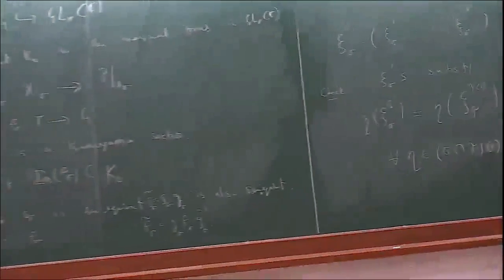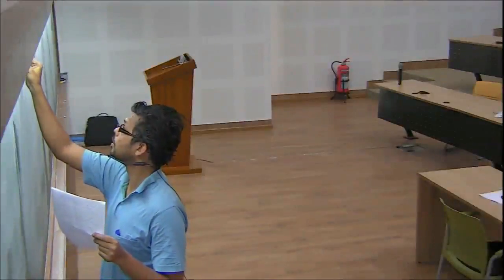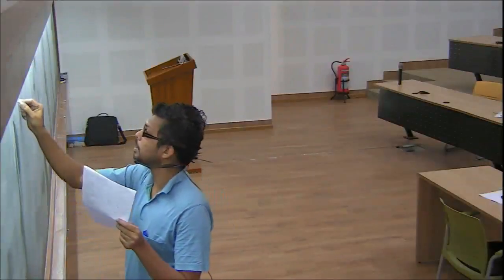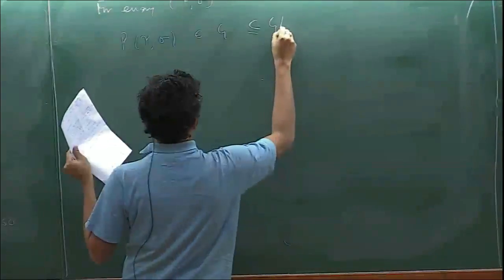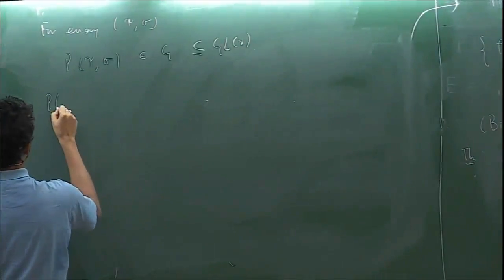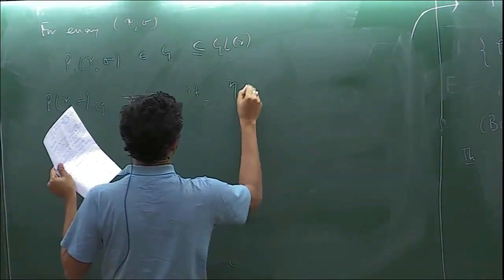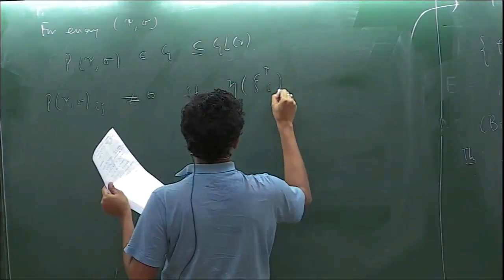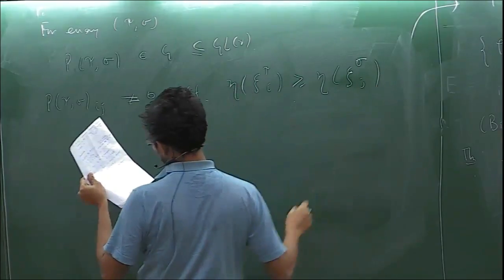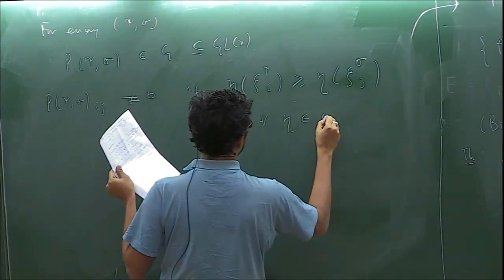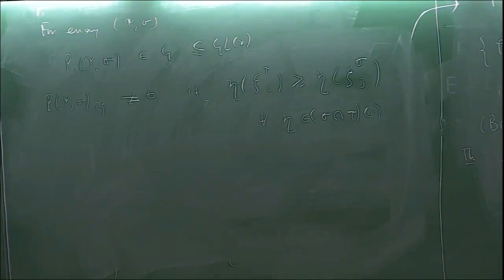So for every tau and sigma pair, define p tau sigma, which is an element in G, such that p tau sigma ij is not equal to 0 if eta of xi tau i is greater than or equal to eta of xi sigma j, for all eta belonging to sigma intersection tau, and 1 otherwise.